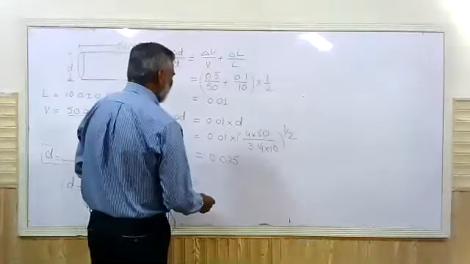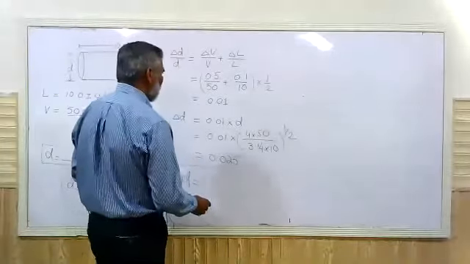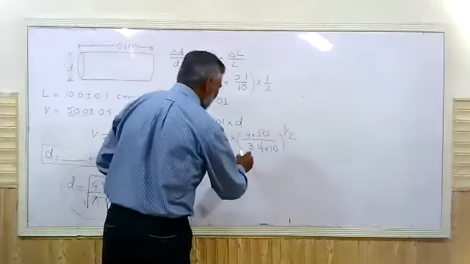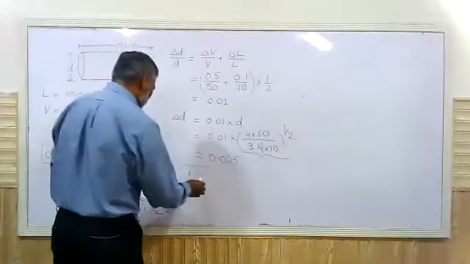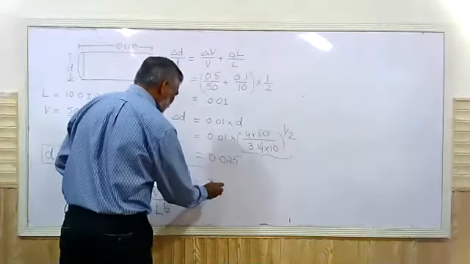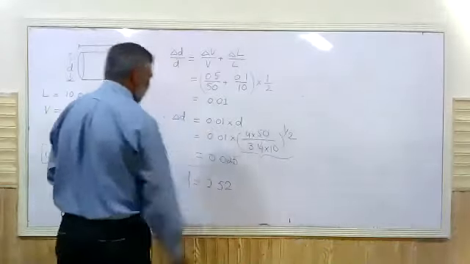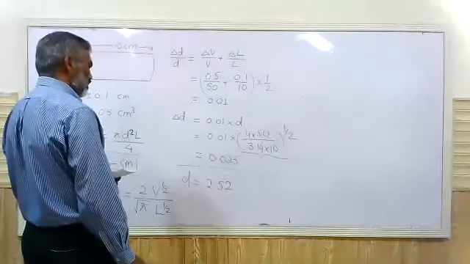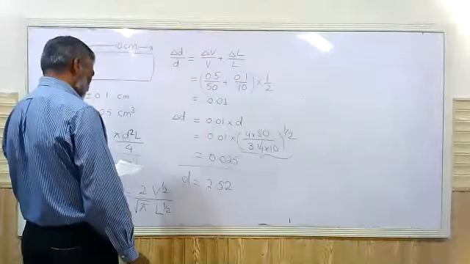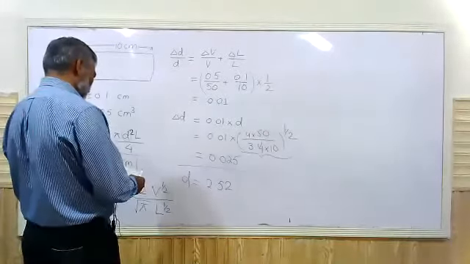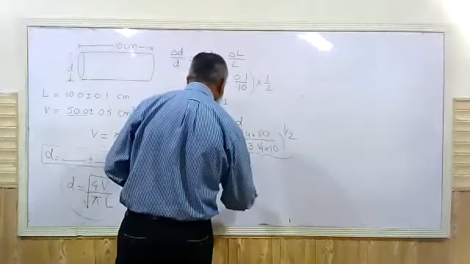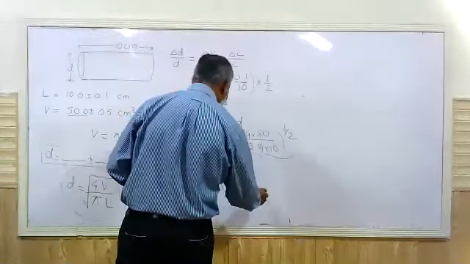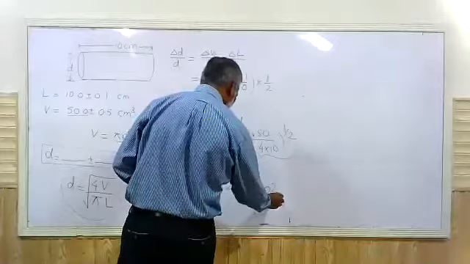Let's write D first. The D that I calculated directly from this formula, it came out to be 2.52, and plus minus 0.025.